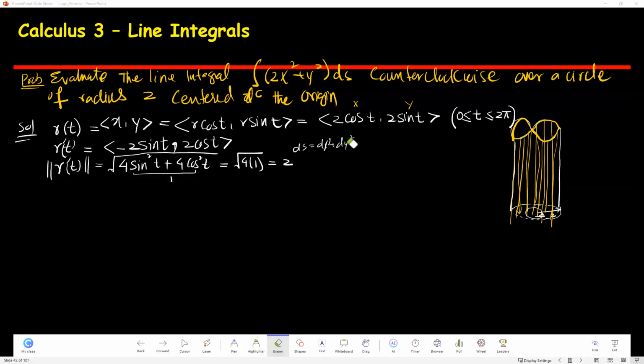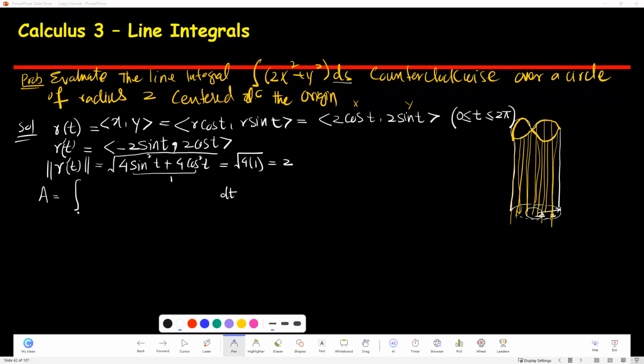Okay, and I'm going to write this. This is what the area equation looks like for the area of this pipe. I'm going to write this integral over c. Right now I changed the ds to dt form, so I'm going to write dt right here, going from 0 to 2 pi.